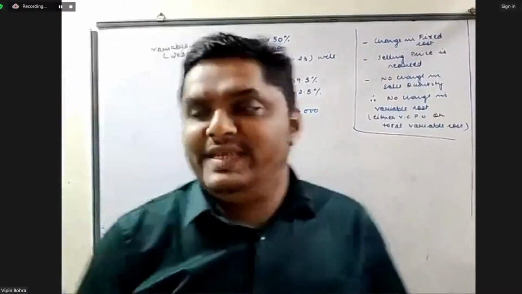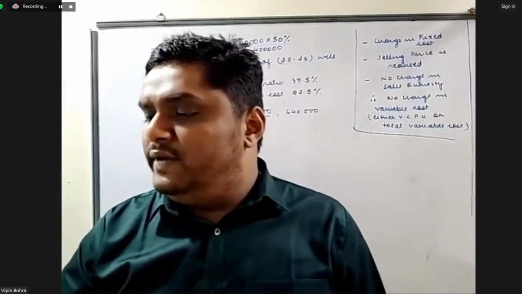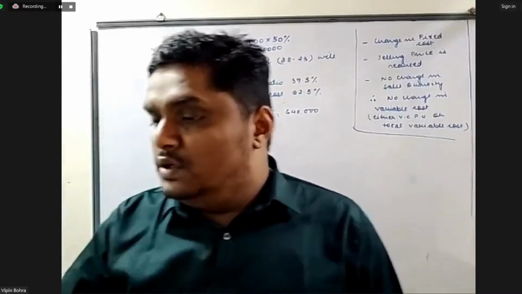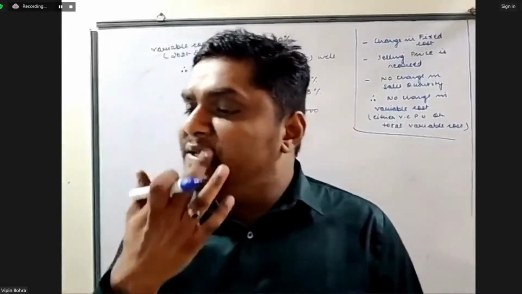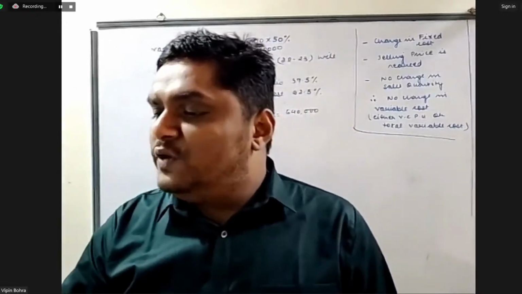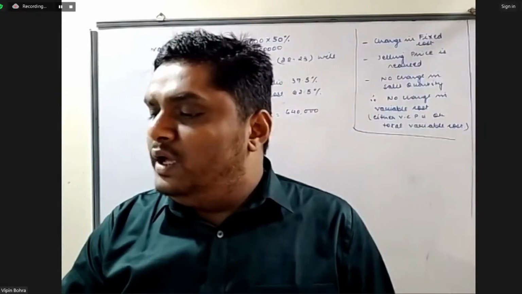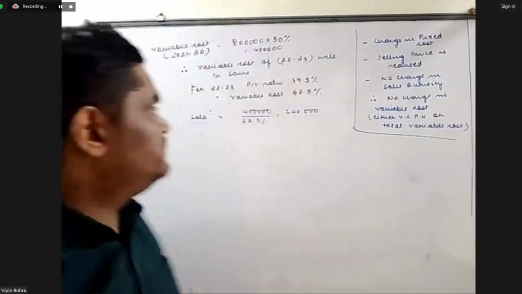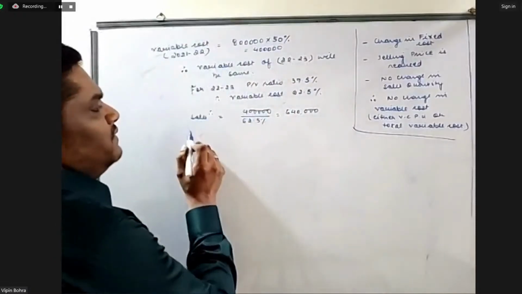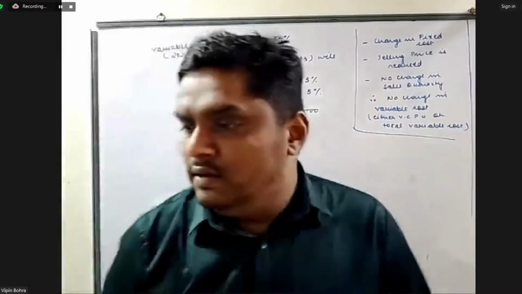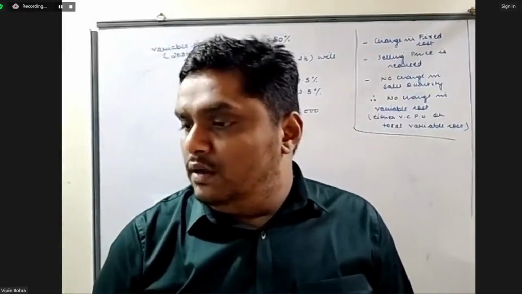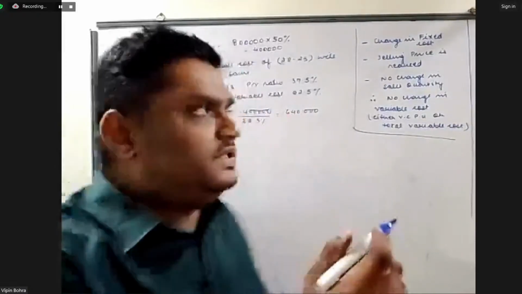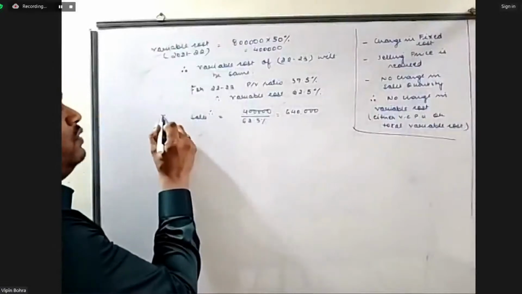Now, once the sales is calculated, we can calculate everything. The question is asking us to calculate the fixed cost for 22-23 in value and the break-even sales for 22-23 in value. So very simple, guys. I've got the sales. Now, the margin of safety sales is 21.875% of the sales.